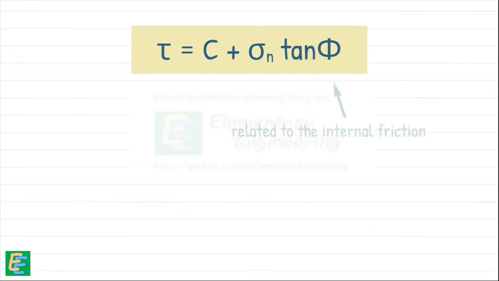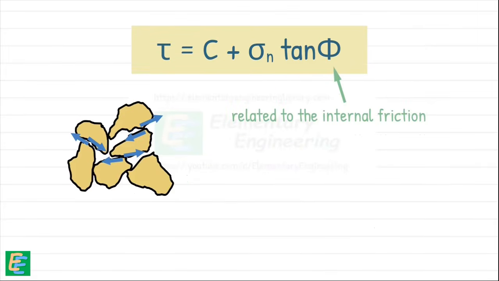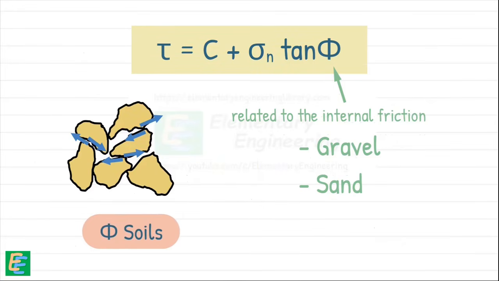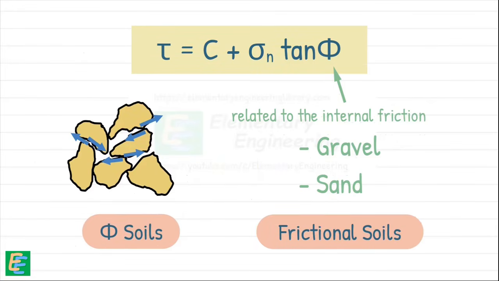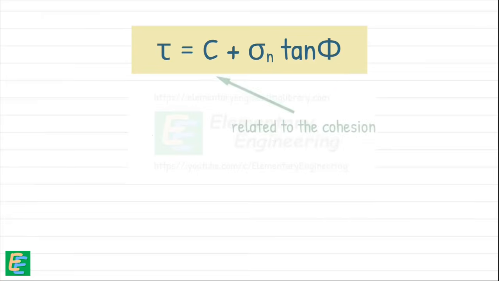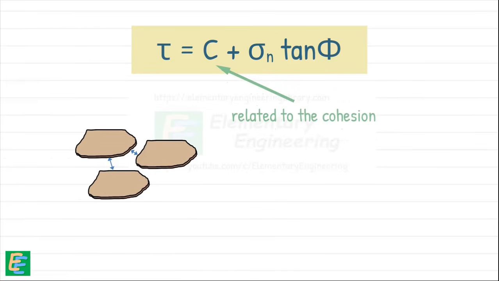Phi is related to the internal friction that is predominant in soils like gravel and sand. This is why these soils are sometimes referred to as phi soils or frictional soils. On the other hand, C is related to the cohesion between particles, which is a main characteristic of clay soils.